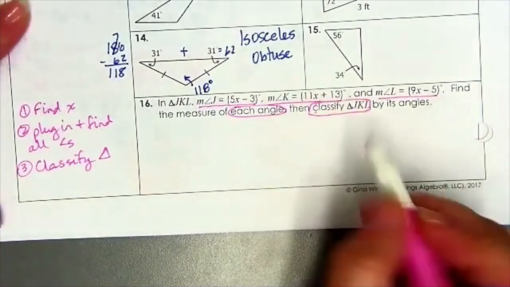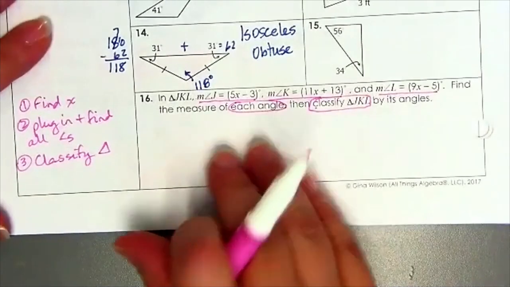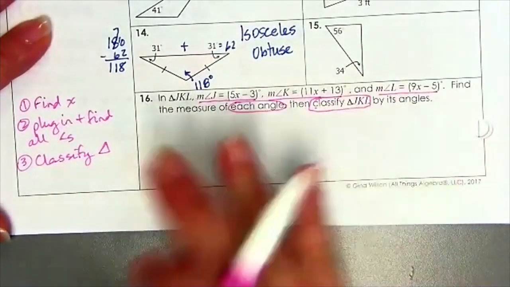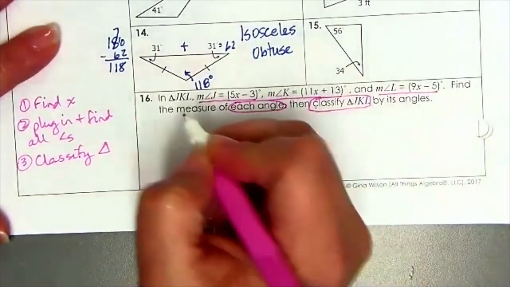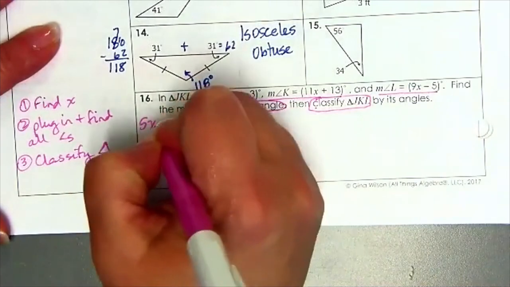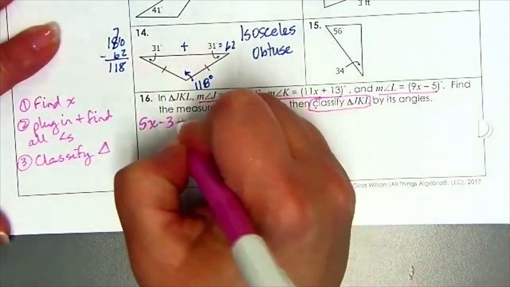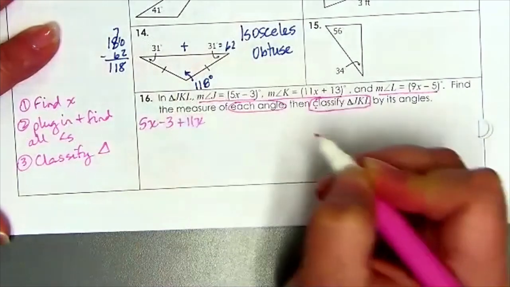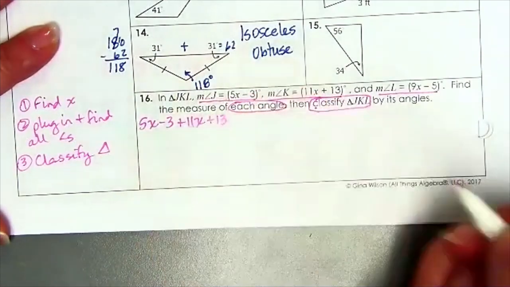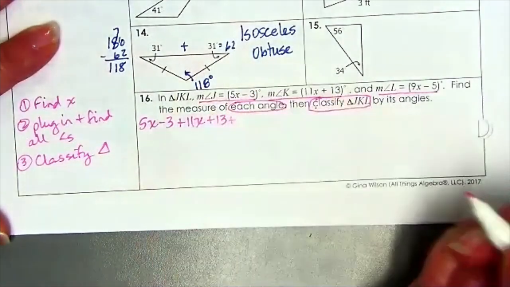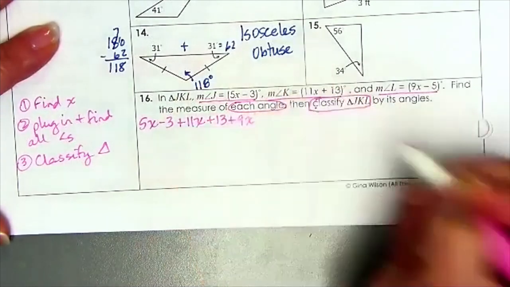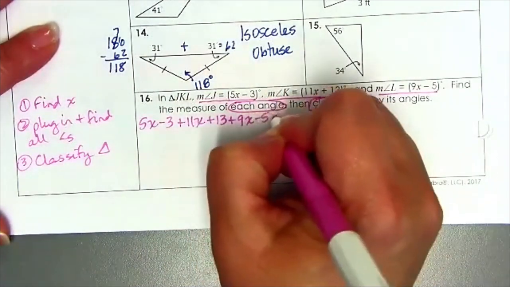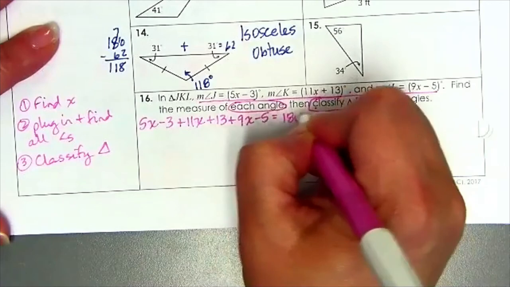All right, so here we go. We know that by the angle sum theorem, if I add all this together and equal 180, I can find x. So I'm going to have 5x minus 3 plus 11x plus 13 plus 9x minus 5 equals 180.